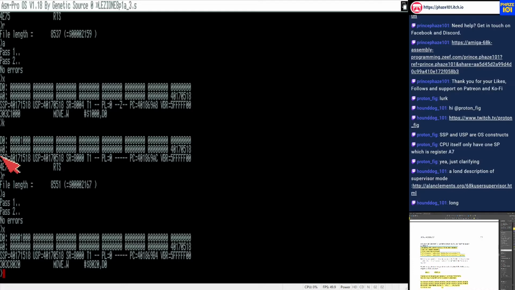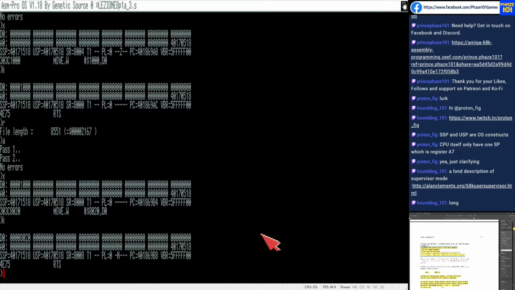So we have a number which can be considered a negative number. We have move.word and the high bit is set. So if I execute it, as you can see, the N flag is set.